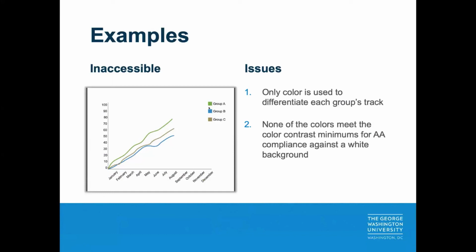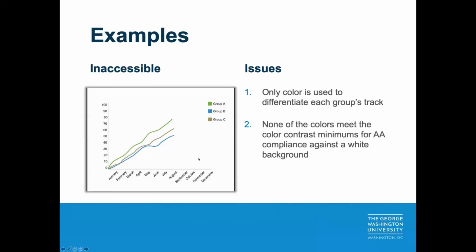So, in addition to color being the only thing that is being used in this chart to convey information, the other thing we know for certain is that none of these colors, even though they're all in the GW color palette, will pass digital accessibility color contrast requirements against a white background.